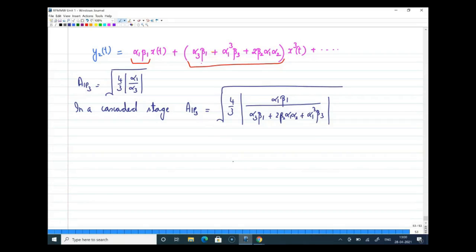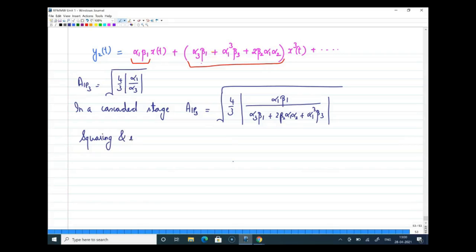So this is the IIP3, right? So this is how we represent AIP3 for a cascaded stage when you have two nonlinear systems in cascade. But now I'm just doing some operations on this and trying to get to another form.